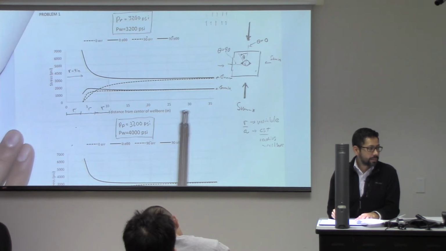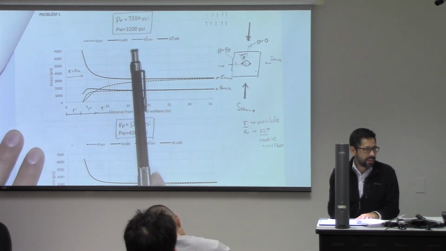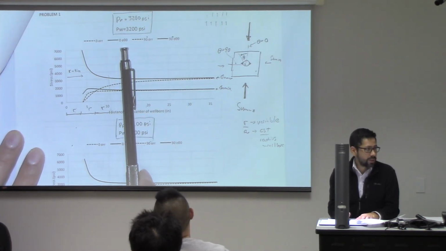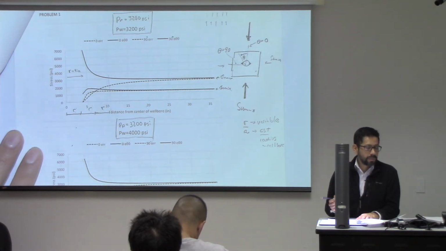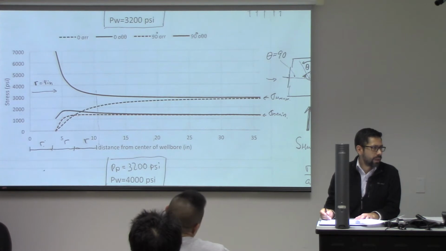And basically here, what I asked you to do was to compute sigma theta theta and sigma RR at different orientations. Probably you can't see the colors very well here, but probably now a little bit better.